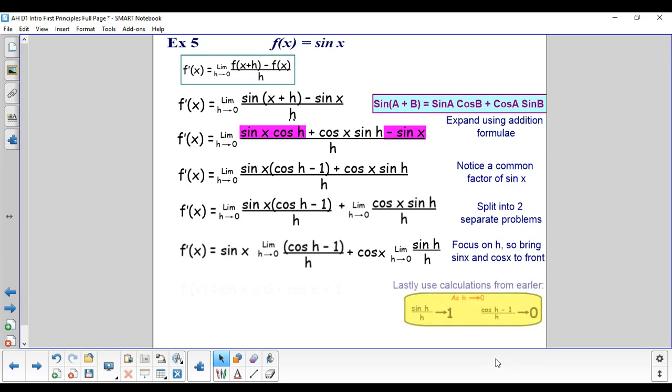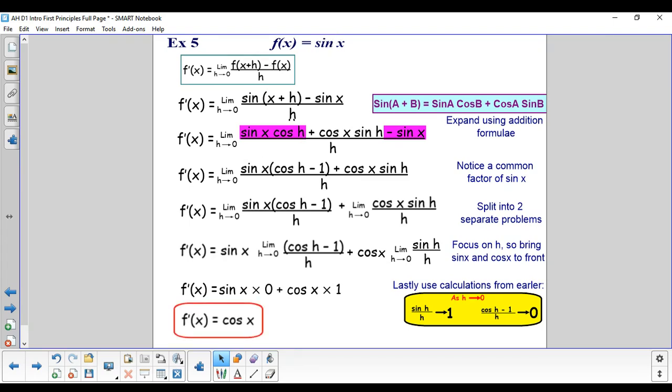So if you remember, we have just been looking at using radians and finding out these calculations, which means that this part here tends to 0, and this part here tends to 1. So we can then get to this here. 0 times anything is 0, so the derivative is cos x, which of course you know.